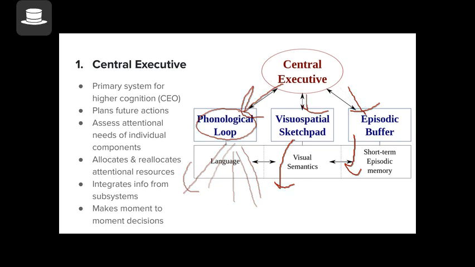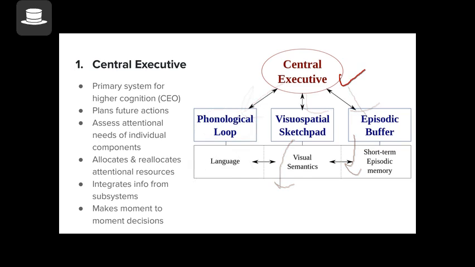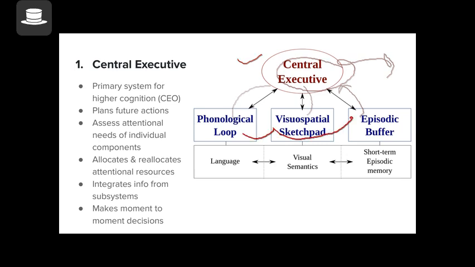So the CEO makes moment to moment decisions, important for higher cognitive functions, and integrates information taken from multiple components to make bigger decisions. So the central executive is that important part, and that's why this is the main system, and these are called subsystems or auxiliary systems.